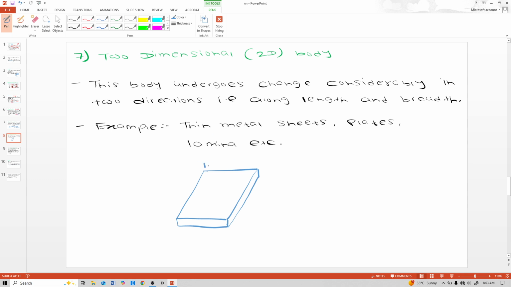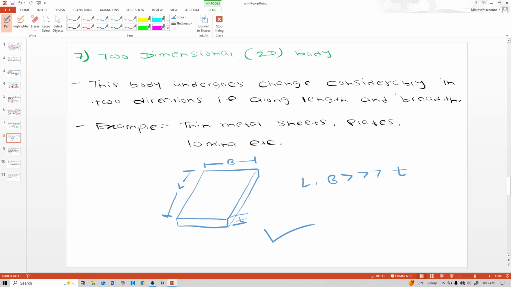See, in this two dimensional body, the width and length are too large compared to its thickness. This is the thickness. So that's why it is a two-dimensional body.